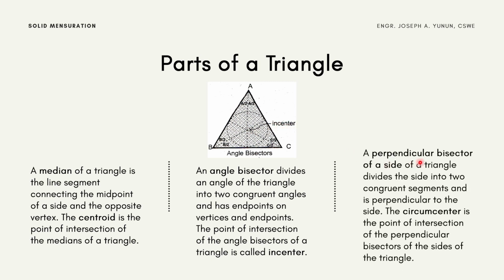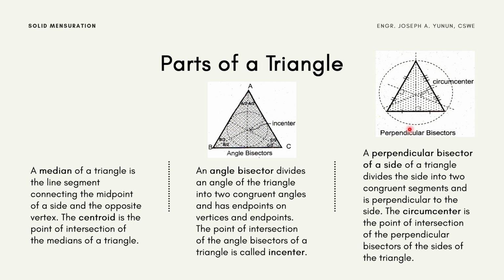So a perpendicular bisector of a side of a triangle divides the side into two equal, congruent segments. Unlike the angle bisector, which divides an angle into two congruent angles, with the perpendicular bisector the side is divided into two congruent segments.